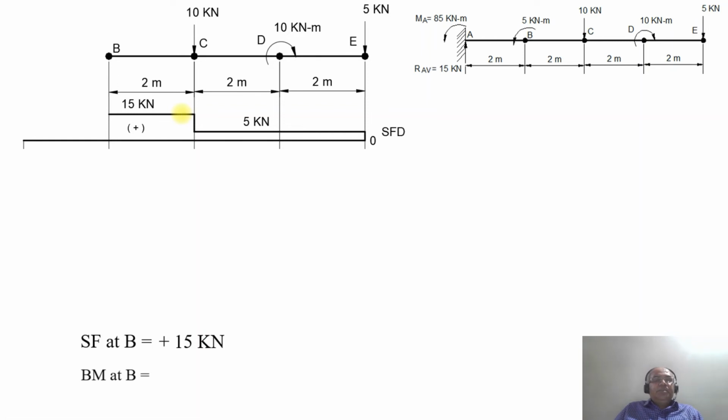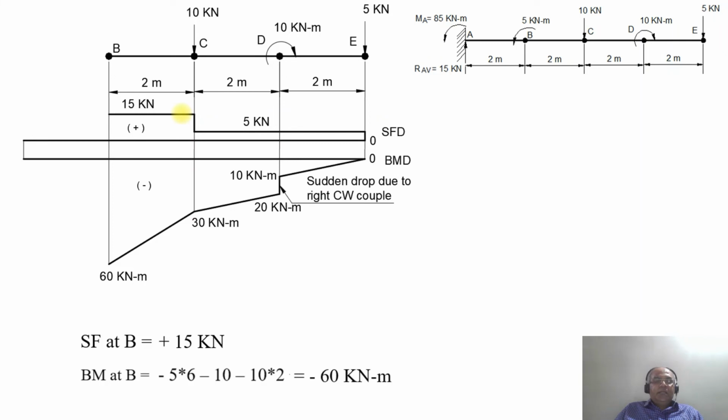Now, the BM at the point B will be equal to minus 5 into 6 minus 10 into 2. On simplification, you get minus 60 kilonewton meter. So at the point B, the bending moment diagram further drops down from 30 kilonewton meter to 60 kilonewton meter by means of a linear line between 30 and 60.